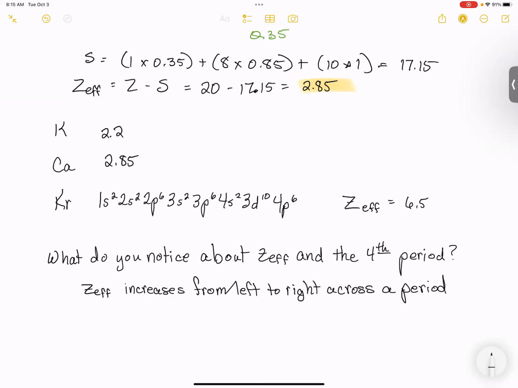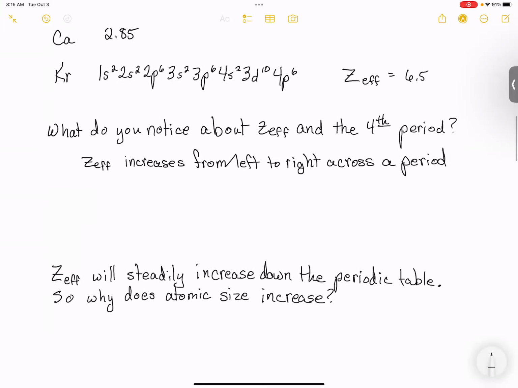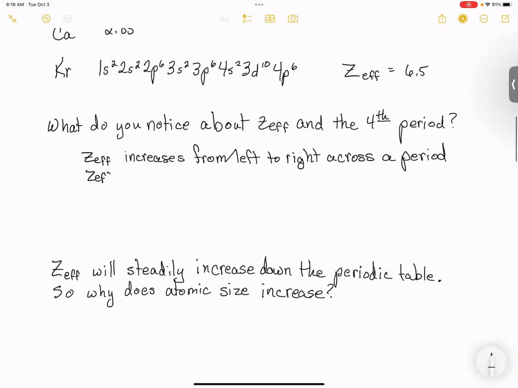What does Z effective mean? So basically, Z effective describes how strongly the nucleus pulls on that electron.